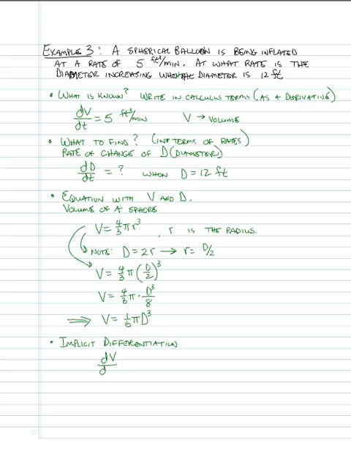On the left side, we're taking the derivative of v, and on the right side, the derivative of 1/6 pi times d cubed. The left side we'll just rewrite as dV/dt. On the right side, we have the constant 1/6 times pi, and we have to find the derivative of d cubed with respect to t.